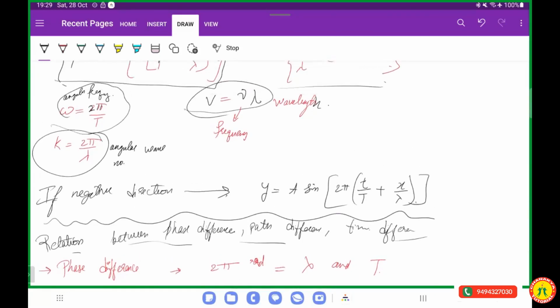Not actually like that. In solid, it will travel faster. Sound waves can travel faster in solid because particles can vibrate faster compared to liquid.